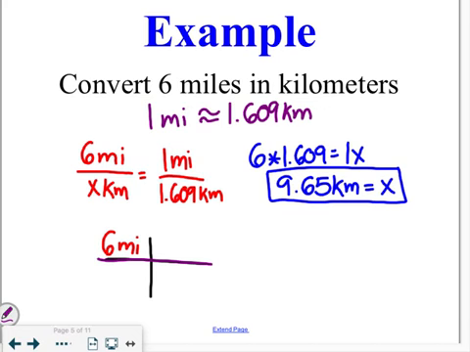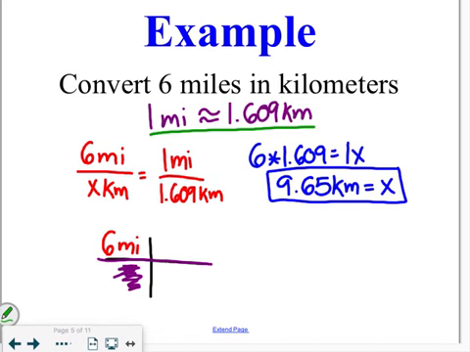So if you had 6 miles per hour, 6 miles would go on the top and 1 hour would go on the bottom. Since we don't have anything with per, we can ignore this bottom part. Then you're going to use still this conversion factor of 1 mile is equal to 1.609 kilometers.